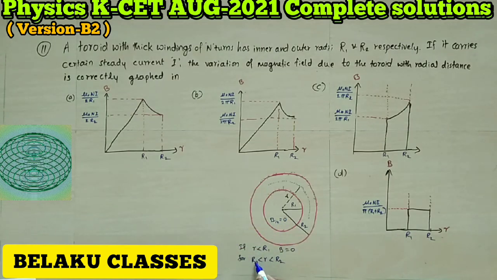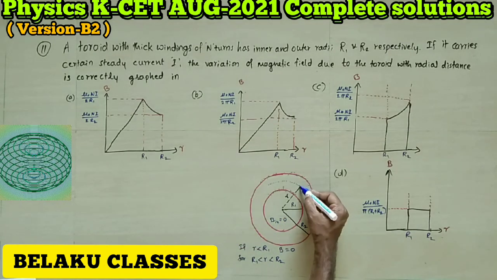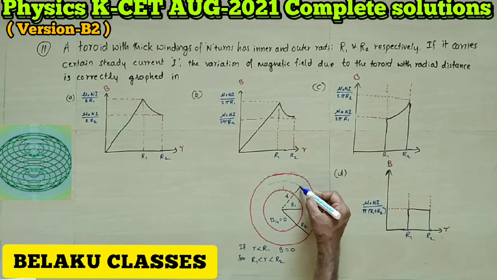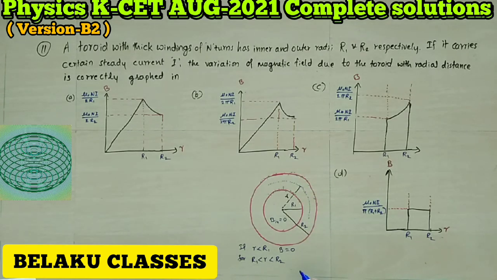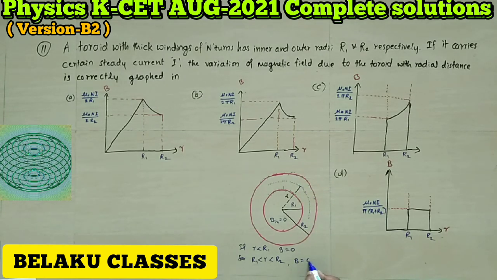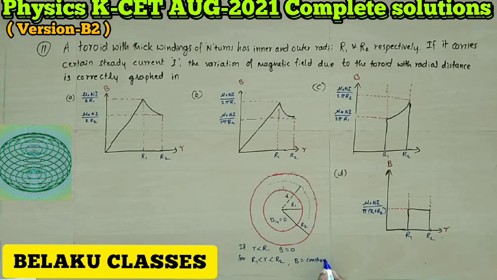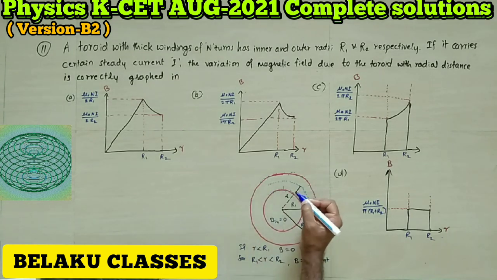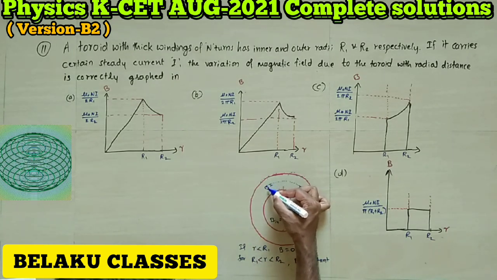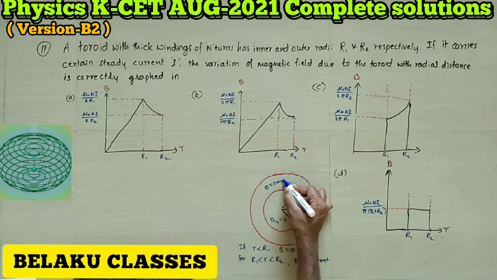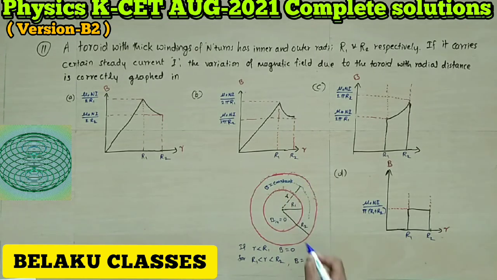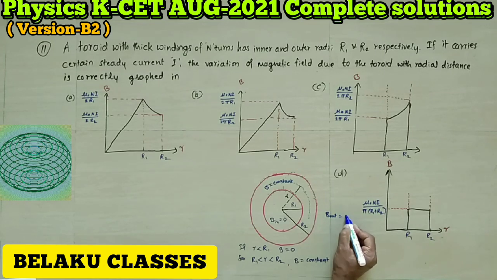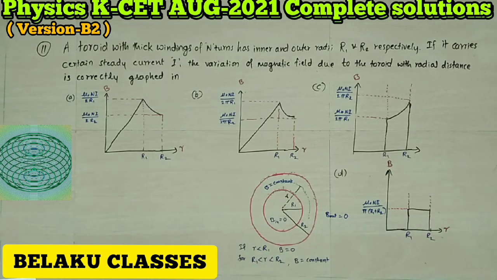For R greater than R1 and less than R2, the magnetic field B is always constant. And outside this toroid, B out is also 0. The magnetic field outside the toroid is also 0.